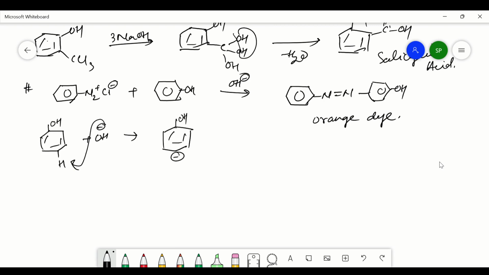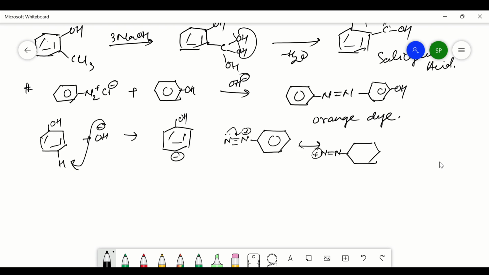Then the structure for benzene diazonium chloride, that is N triple bond N plus, this will delocalize and the resonating structure will be N double bond N plus.